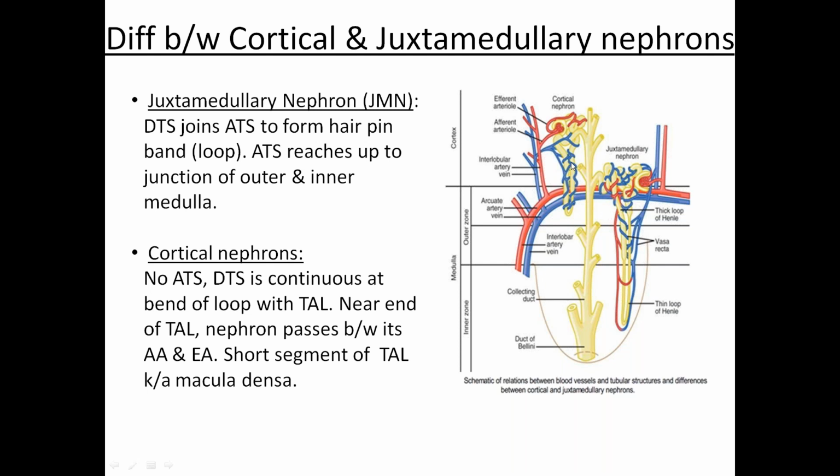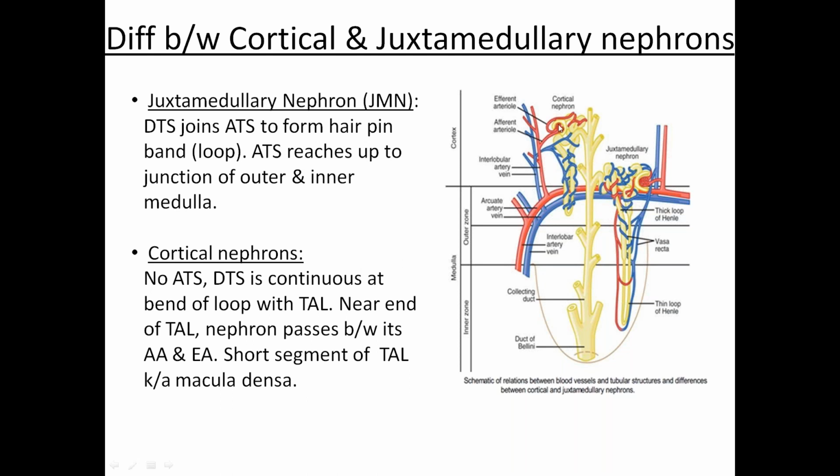Near the end of the TAL, the nephron passes between the afferent and efferent arteriole, very close to them, and the place where it passes very close by forms the macula densa, which we'll talk about very soon.